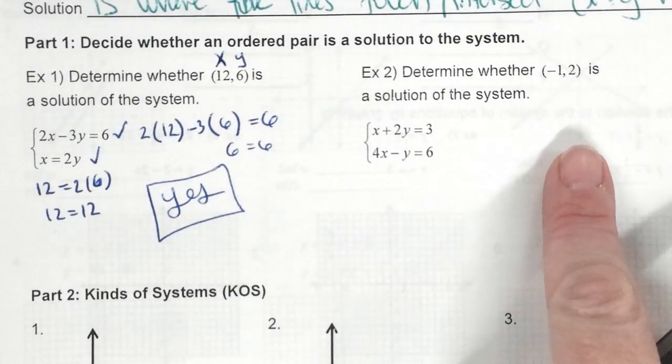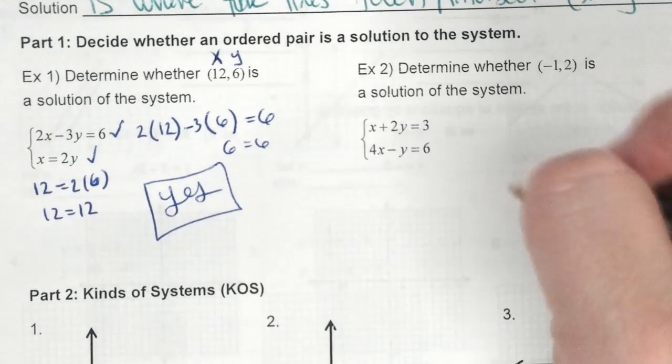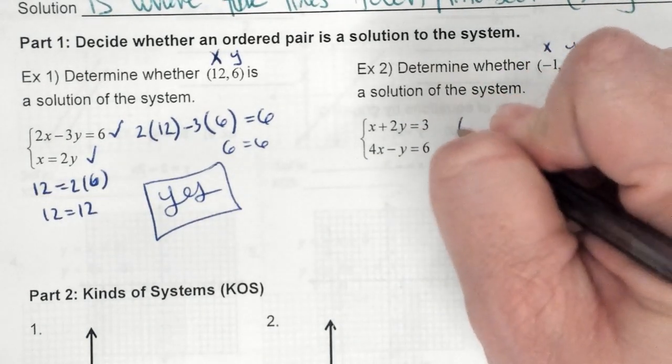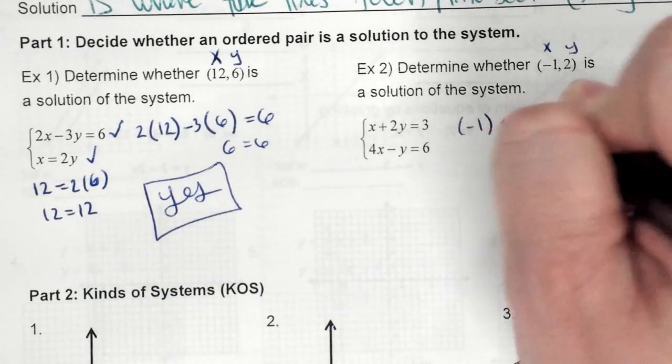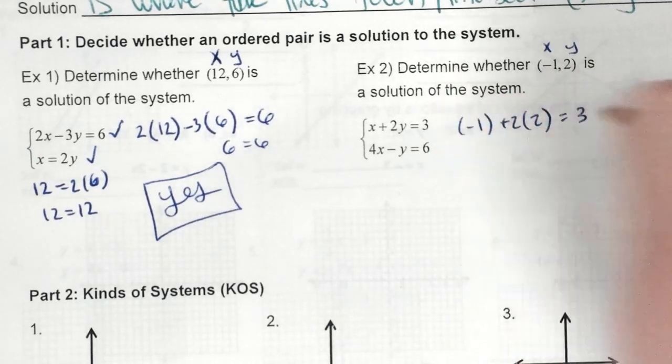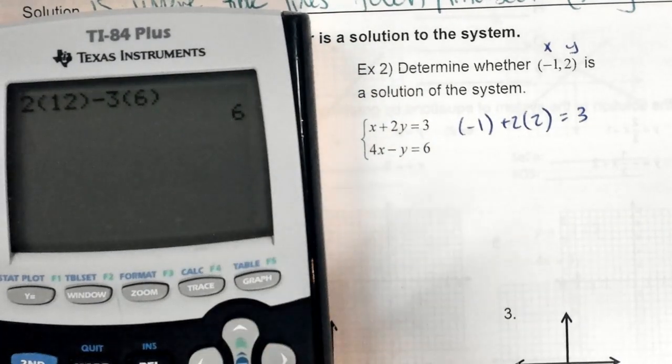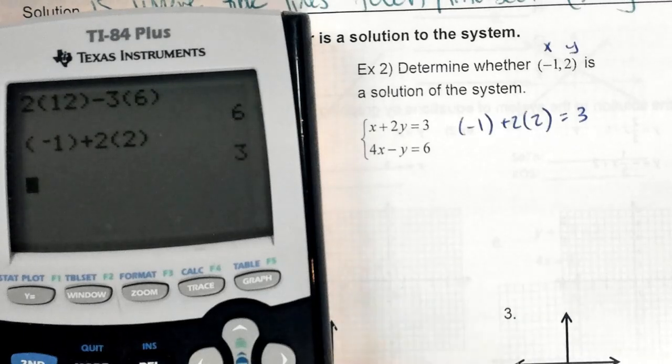Okay, so if we look at this one, same concept. X is -1, Y is 2. So we're still going to use our calculator. And that one worked.